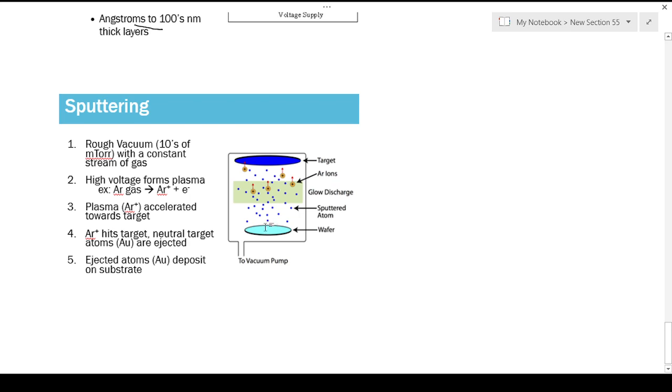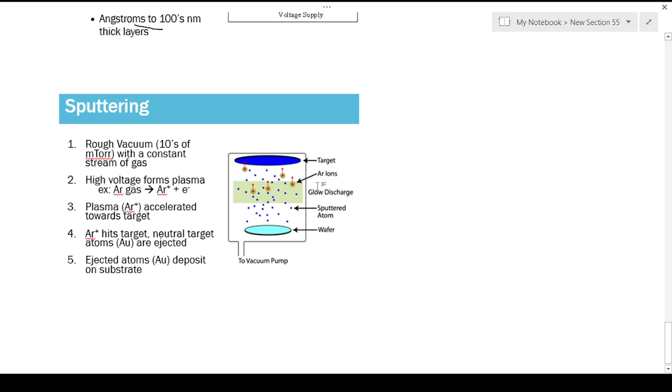While applying high voltage, it will create argon plasma, because argon will be separated into Ar plus and electrons, and neutral ions will also be there. Due to that, a plasma will be generated, and it will generate a glow discharge.